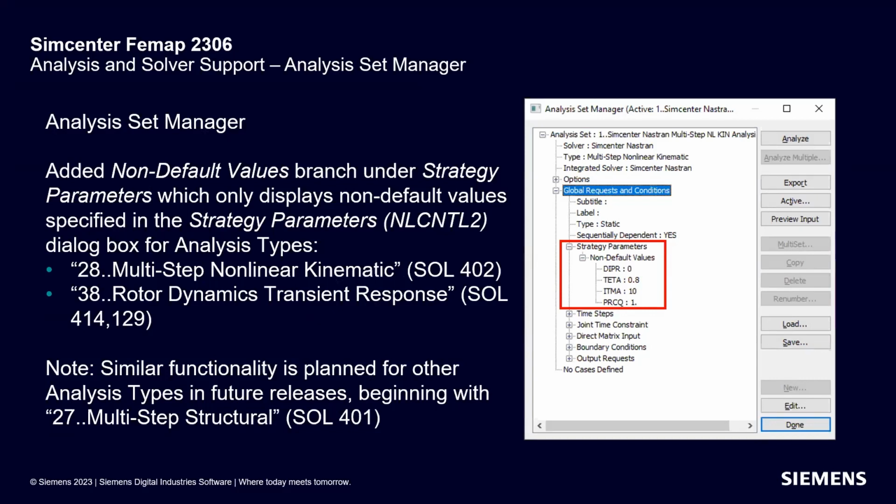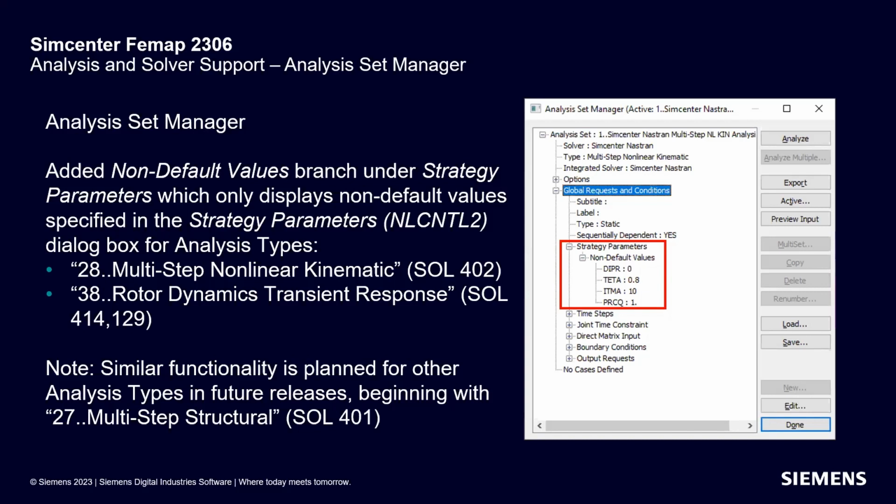Something we also did here for solution 402, and we plan on doing this in a number of places, is on that strategy parameters dialog box, instead of showing all the values in there, because there's probably 50 or 60 different parameters, we're now only showing non-default values. And we plan to do this in other parts of the analysis set manager as we move forward.